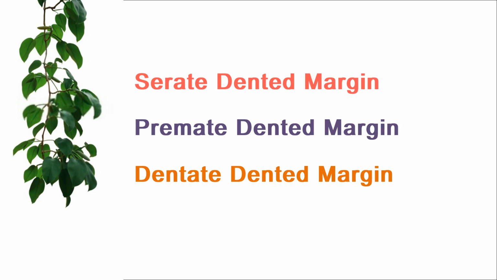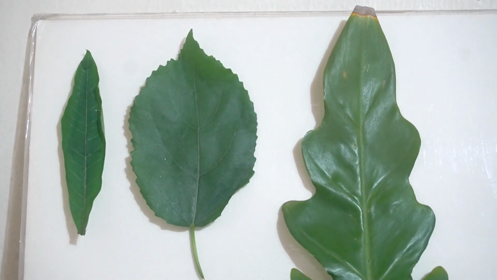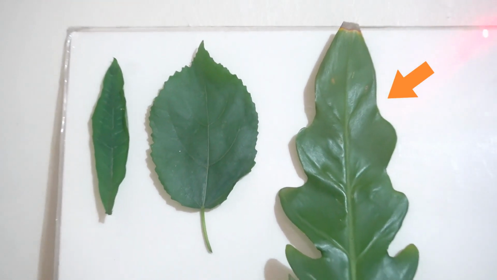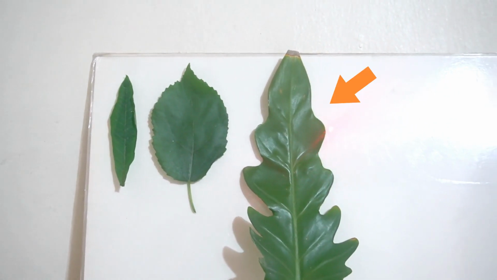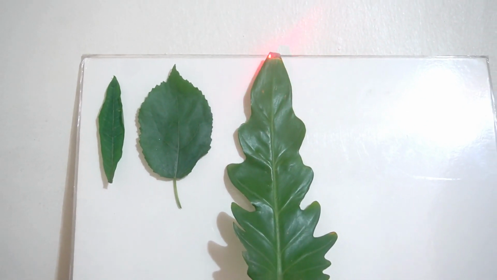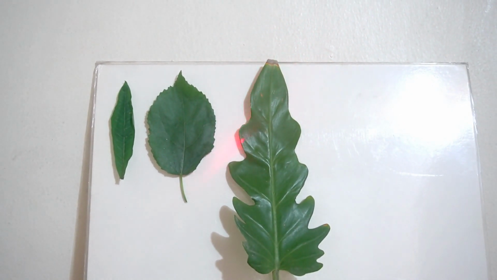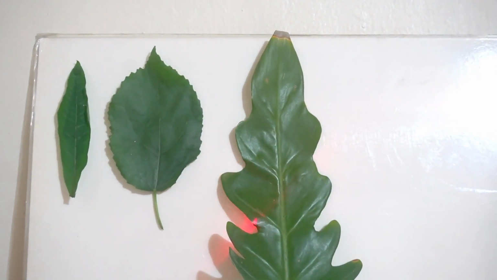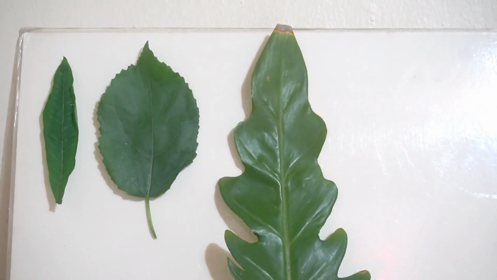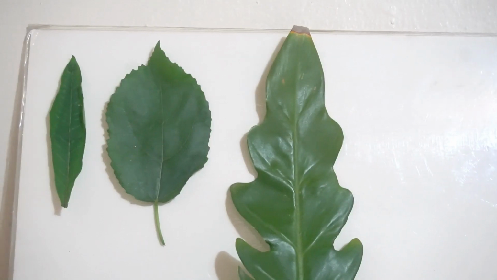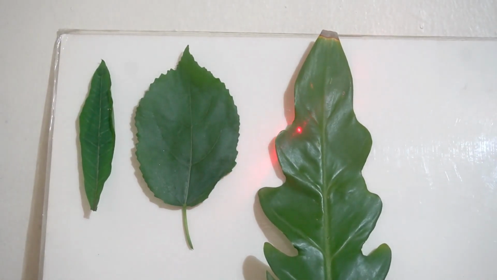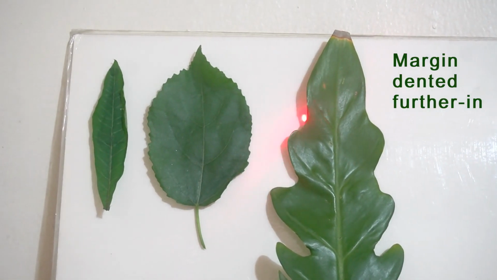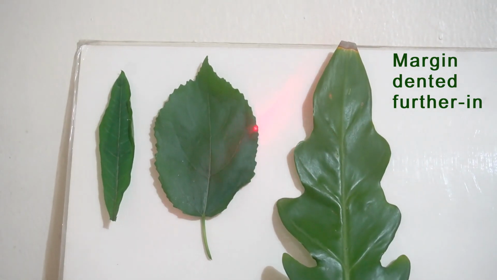Then, looking at the leaf margin again, let's look at this one, the one we have here. You can see the margin here is also dented. But it's dented further in than we have it here.